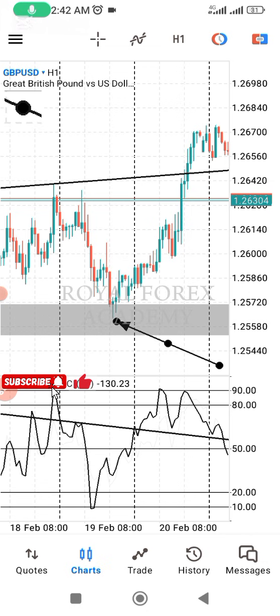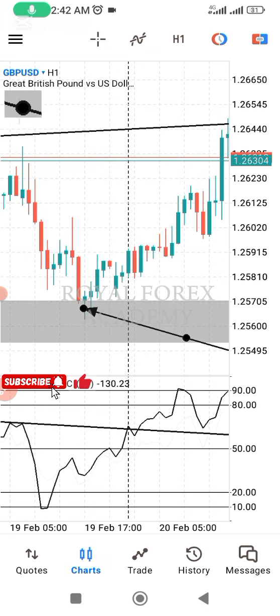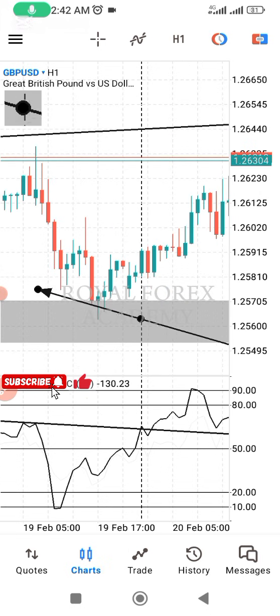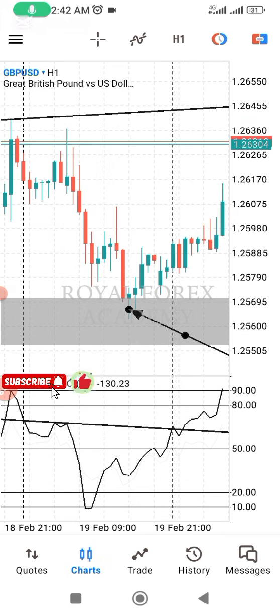Now I want to show you this. You can see this particular pin bar. First rejection, second rejection. You can see it. You see how obvious it is and see how this thing works. You can see that first pin bar, second pin bar, and then you see that rejection.